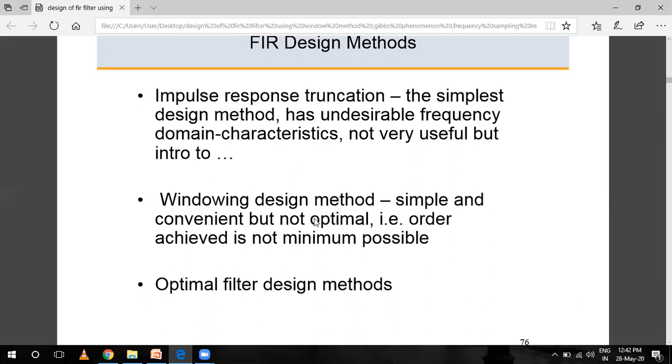The second method is the window design method, which is very important, simple and convenient, but not optimal in that the order achieved is not the minimum possible. Next is the optimal filter design method. This is also in your syllabus. The topic is the design of optimum equiripple FIR filters.